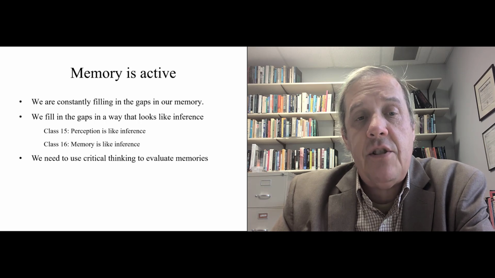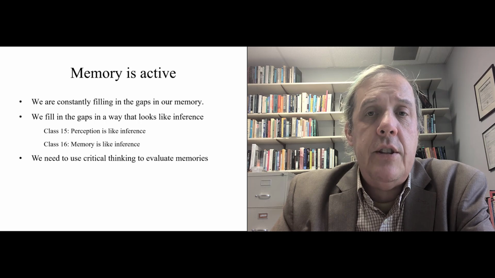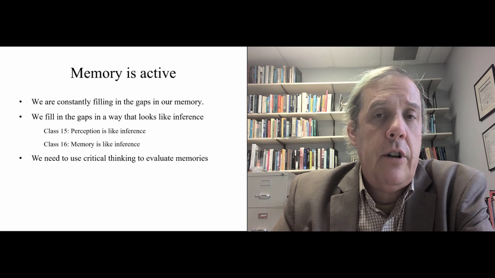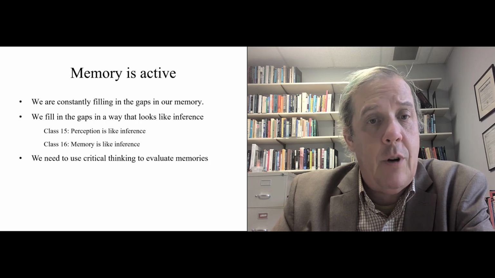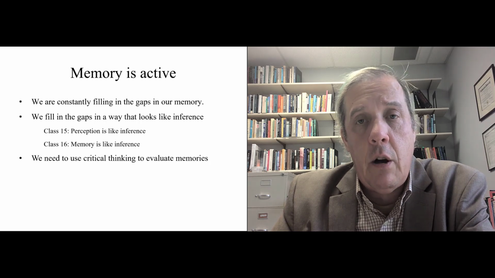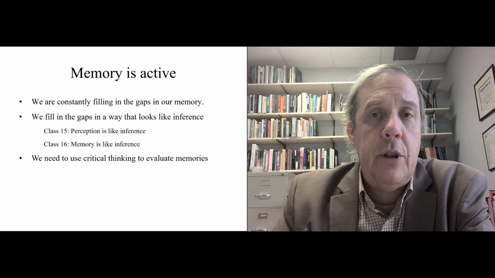The lesson of the last class was that perception is like inference. The lesson of this class is that memory is like inference. And what this means is that we need to use our critical thinking skills to evaluate our memories, the same way we need to use them to evaluate our perception. If something is working like inference, then you can apply the skills of critical thinking to be sure you're doing it well.